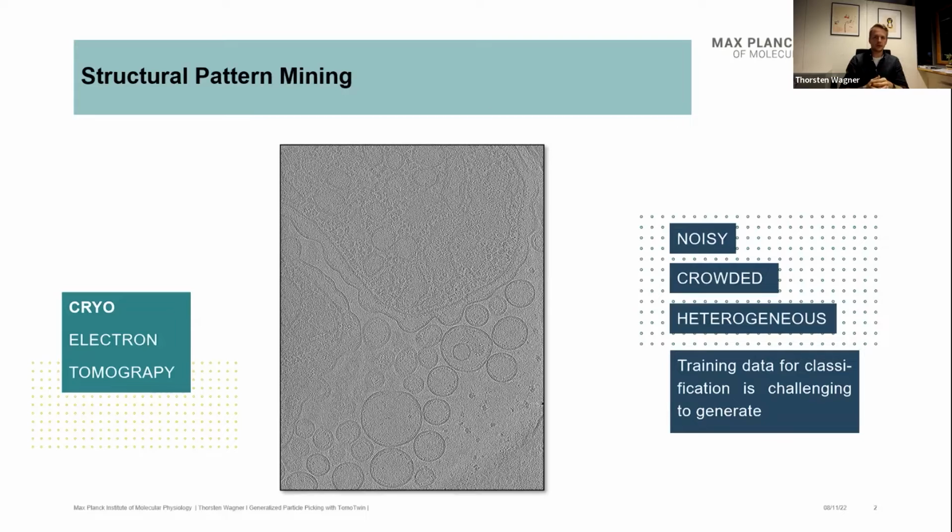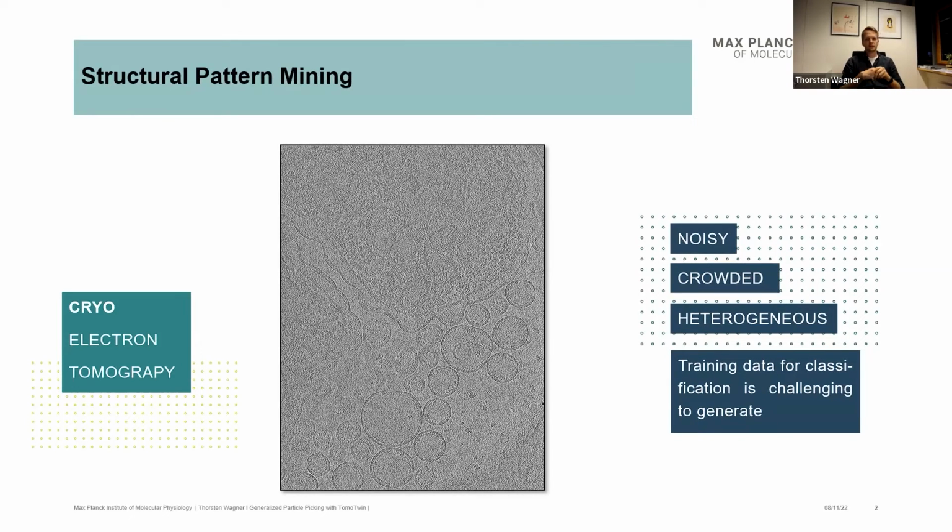As you might all know, those noisy tomograms are often super crowded and very heterogeneous, but they also contain plenty of information. Now if you try to train a common object localization procedure on those tomograms, you will quickly find out that the number of classes of objects of interest is huge, and it might also increase during the analysis of the tomogram.